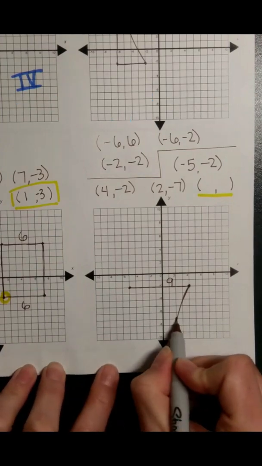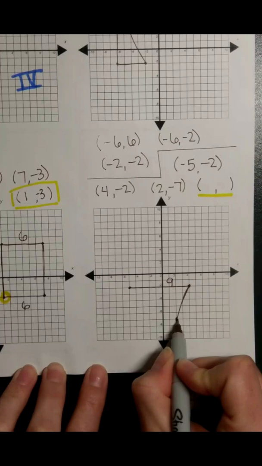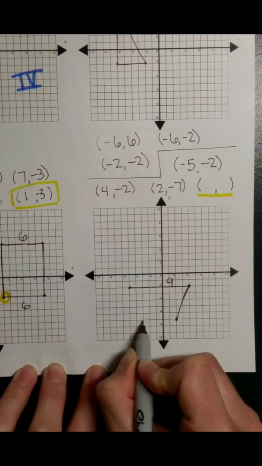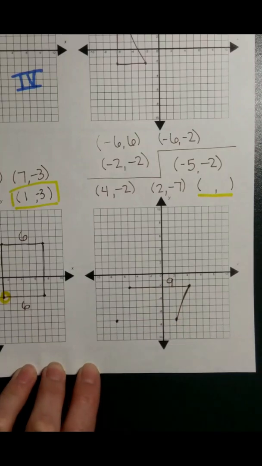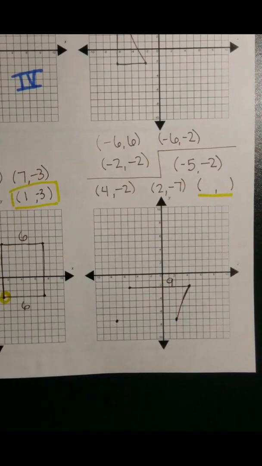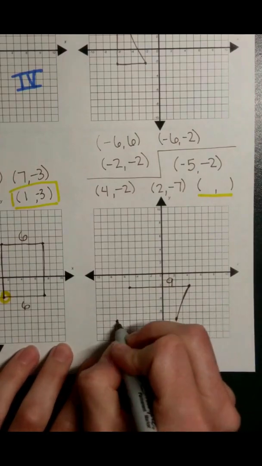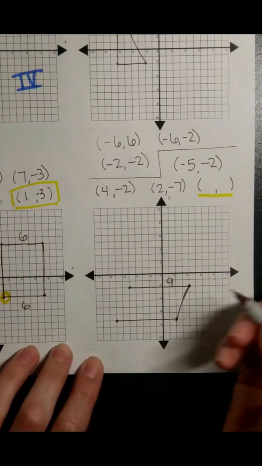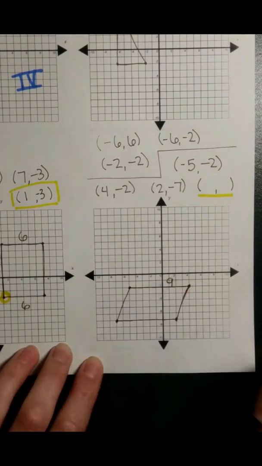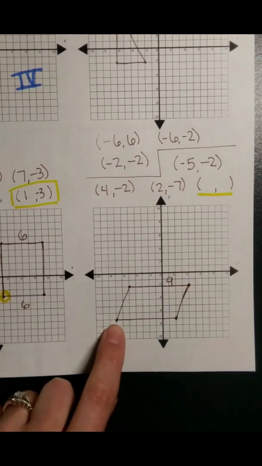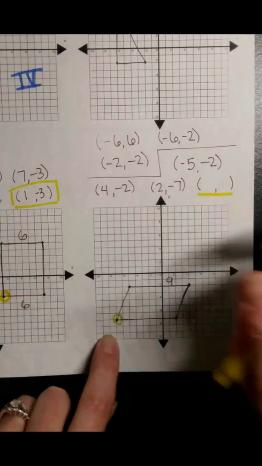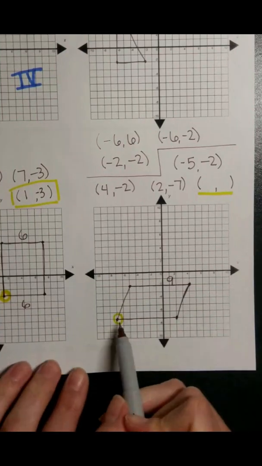So I can start over here and count over 9 spaces in order to plot my final point. Then it's just a matter of connecting to make my parallelogram.